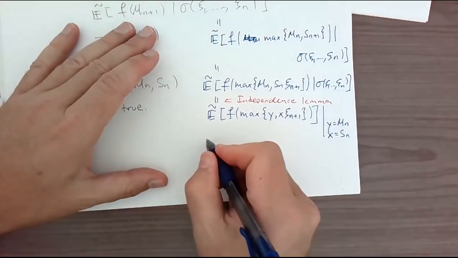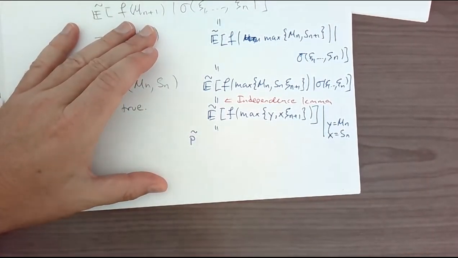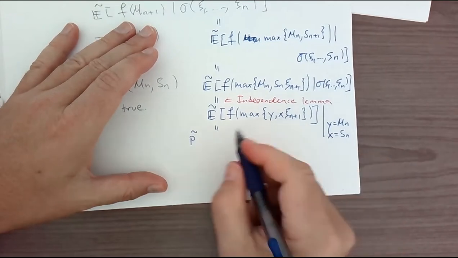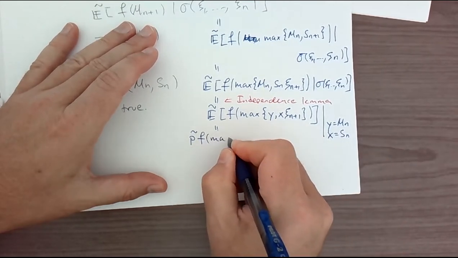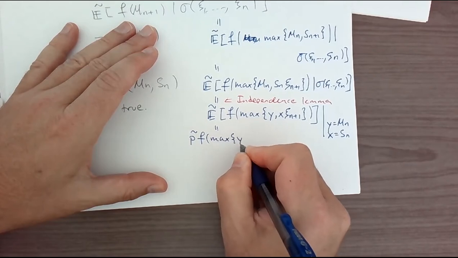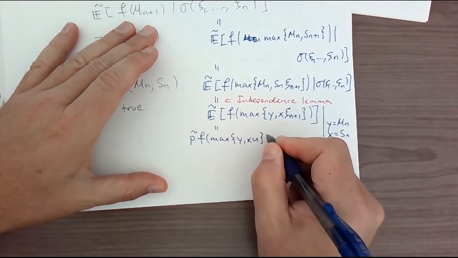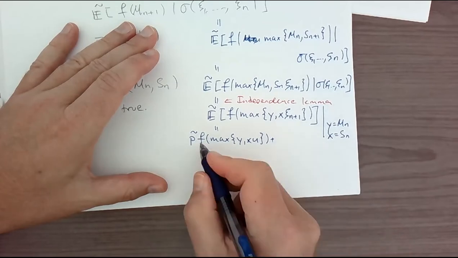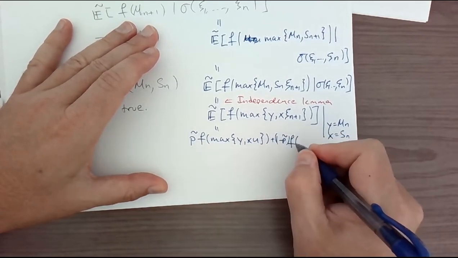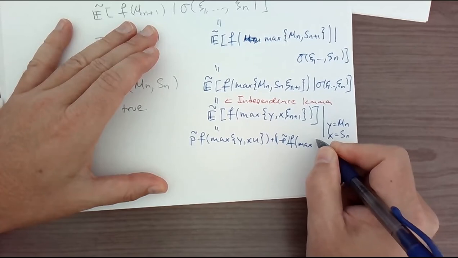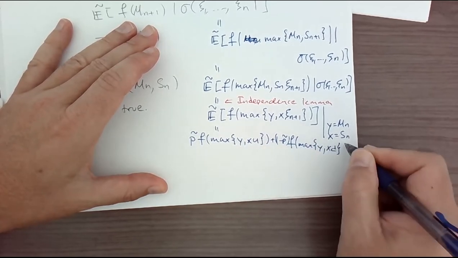So I have an unconditional expectation. I can write this as p tilde, that's the probability of going up. So I have p tilde f of the max of y comma x u, plus 1 minus p tilde f of max y comma x d.